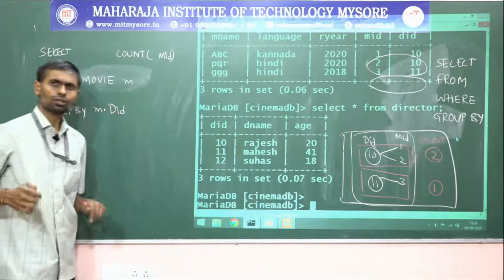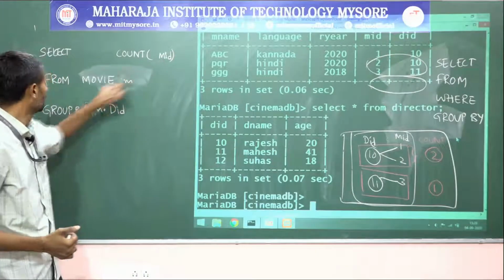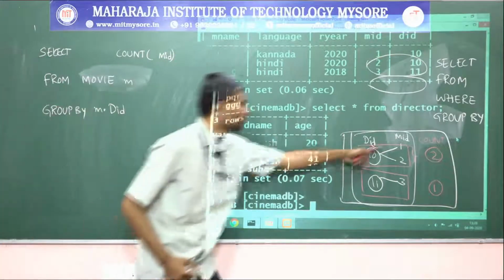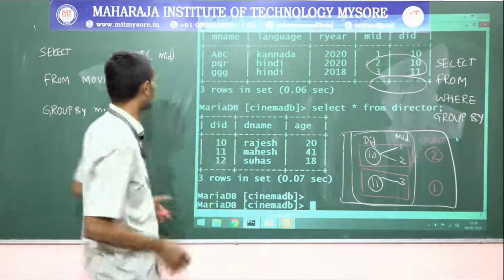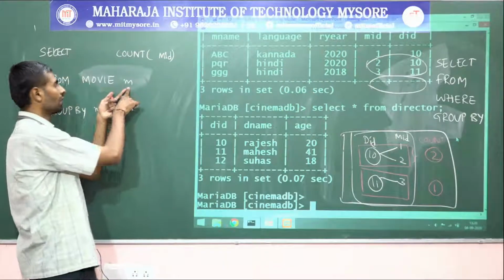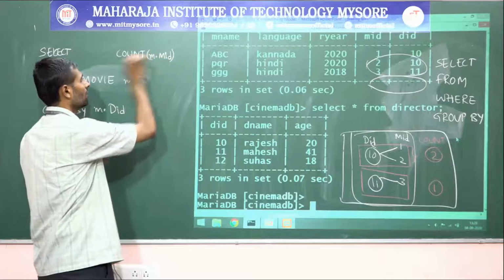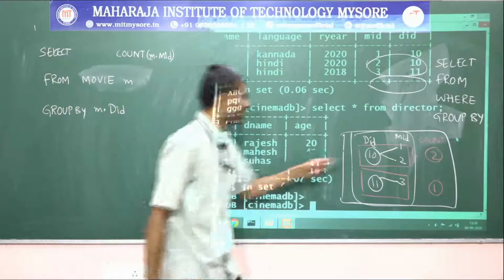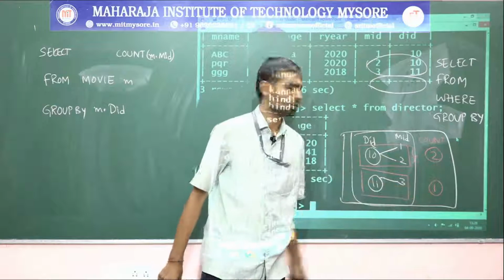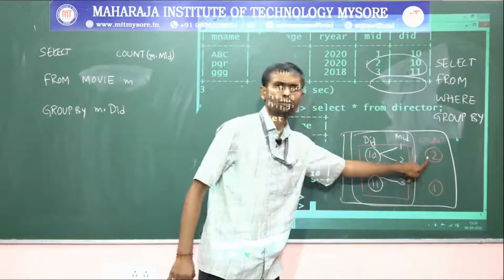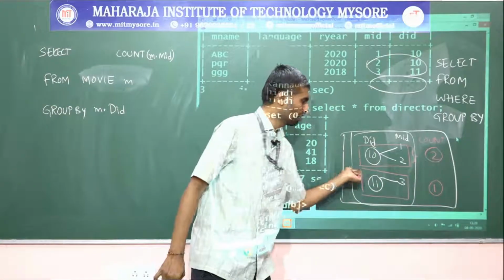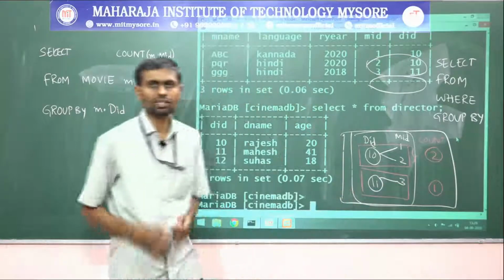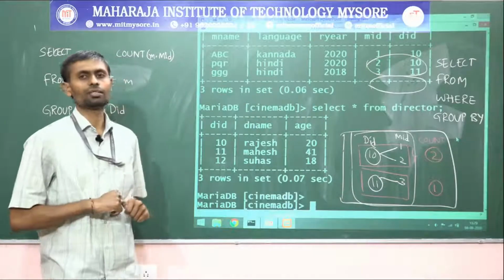But this MID belongs to which table? Movie table. So movie means M. Let me write M.MID, so that I'll get 2, 1, this kind of count, right? But this 2 belongs to whom? Corresponding to which director ID does each count belong? That also I want to display, right?